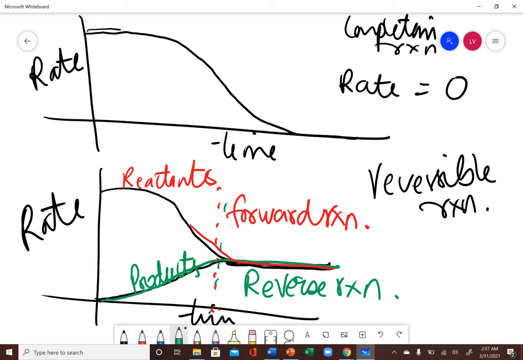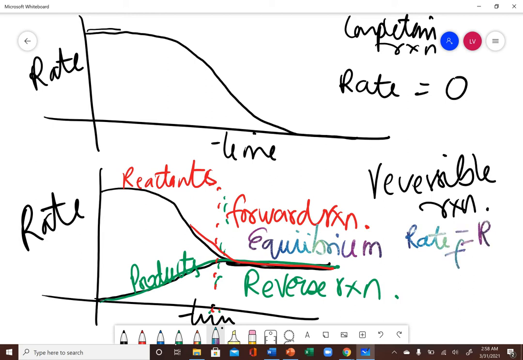So basically at the time where the rate of the forward reaction equals the rate of the reverse reaction, we say that equilibrium has been achieved. When equilibrium has been achieved, this is dynamic equilibrium. Chemical equilibrium is always dynamic. When equilibrium is achieved, the rate of the forward reaction equals the rate of the reverse reaction.